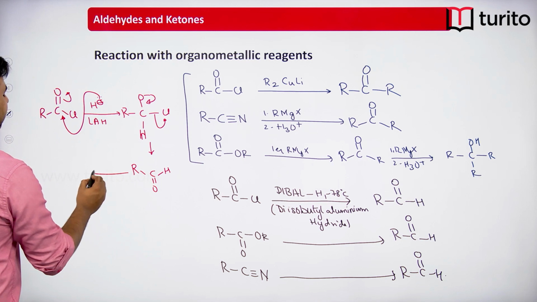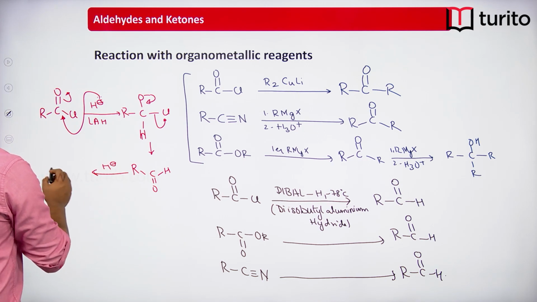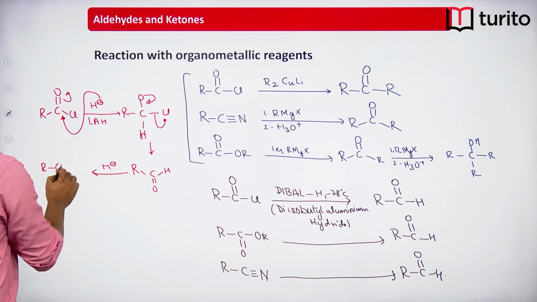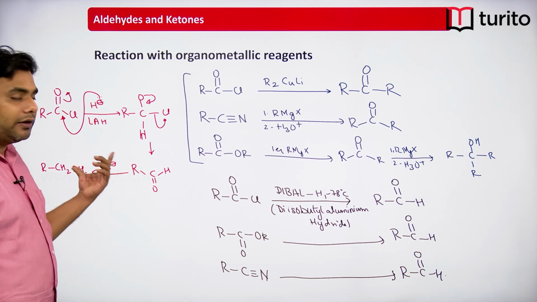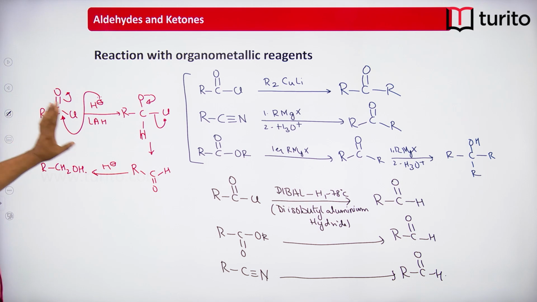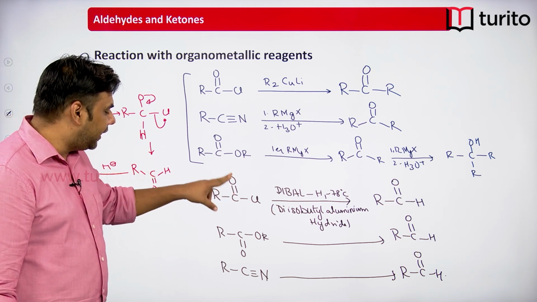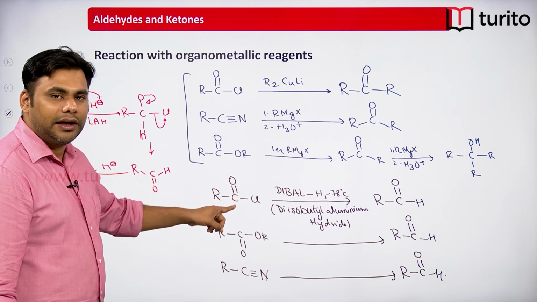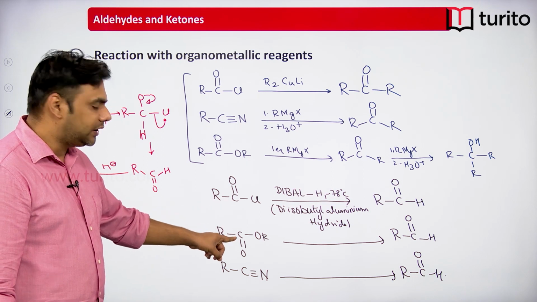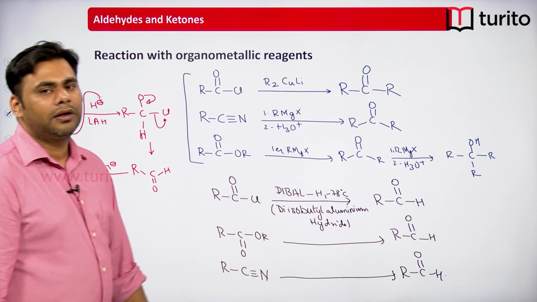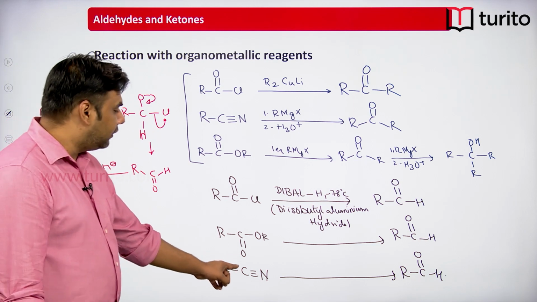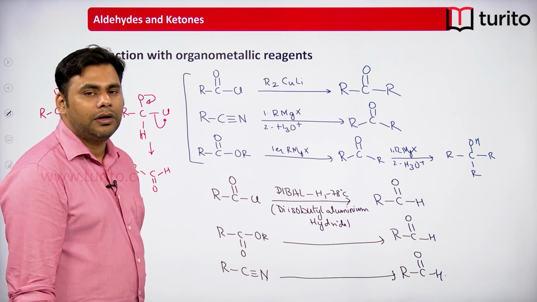Then because a carbonyl group is generated, it will be attacked by another molecule of lithium aluminum hydride and it will form a 1 degree alcohol. So if you add lithium aluminum hydride to all these molecules, this will get converted into a 1 degree alcohol, this will also get converted into a 1 degree alcohol and this will convert into an amine. They will not convert into aldehyde.